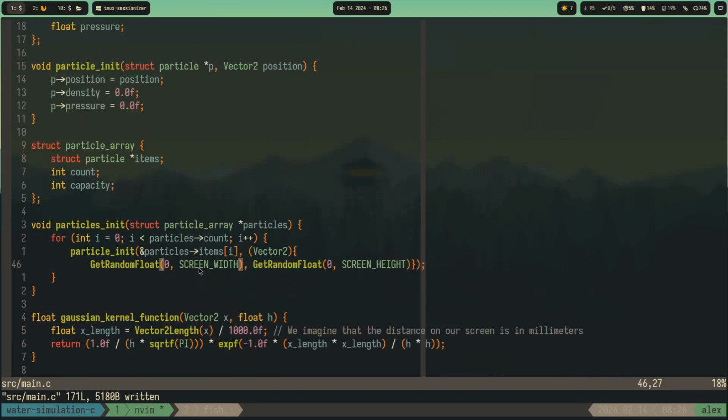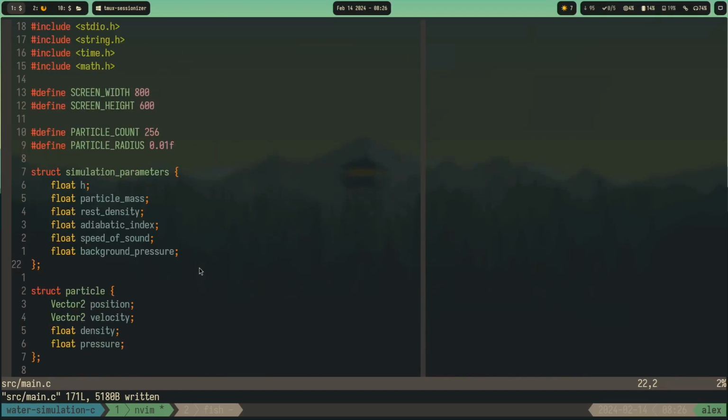Although, I mean, it makes sense that if we have 256 particles of mass 1, the average density, or I mean the total density, will be 256.